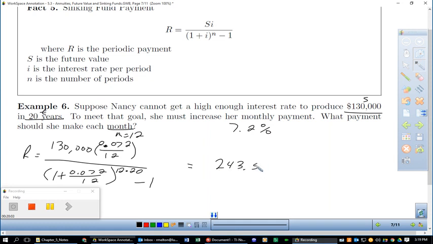That gives $243.55, rounding that. So that's the payment that she's going to make each month. Originally she was saying she would deposit $200, so she's going to have to put in a little bit more than that. Not a whole lot, but from 200 to 243. And that'll accomplish her goal of reaching $130,000 in 20 years.